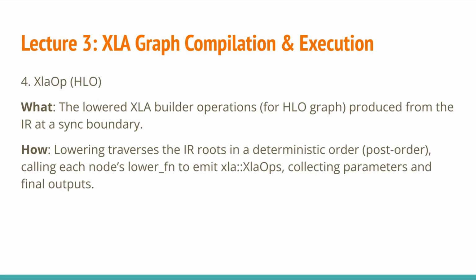During the graph generation phase, the XLA engine reversely traverses the nodes in post order and calls each XLA node's lower function to emit a set of XLA operations. Those operations are used to generate HLO, which is the high-level optimizer. The HLO is the final IR that will be sent to the XLA engine for final compilation and optimization.